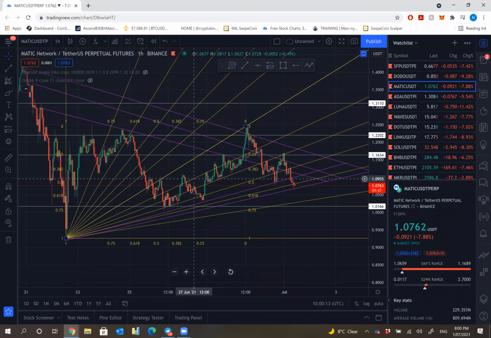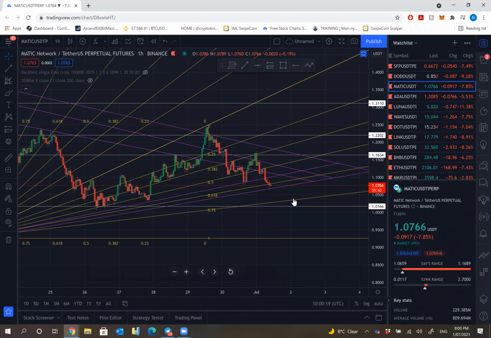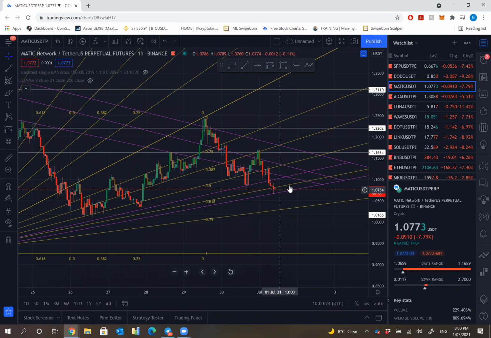It stayed in this channel. It stayed in this channel. It stayed here in this channel as well. So then I know now that around here is going to be an area of support and resistance. So if it drops below here and bounces in this channel, it's probably going to drop down. Or if it stays above there, it might bounce up and get squeezed out to the support line.